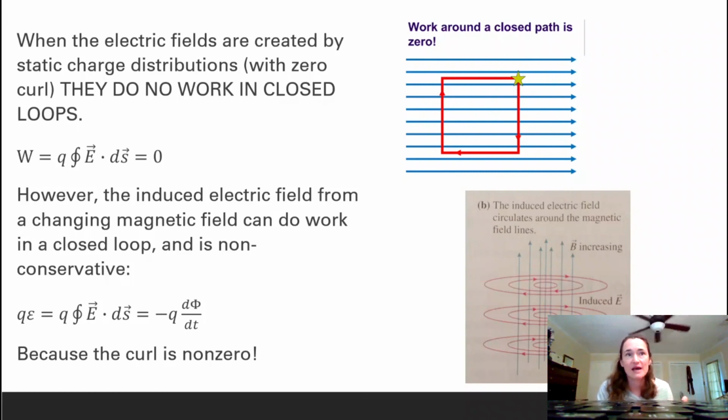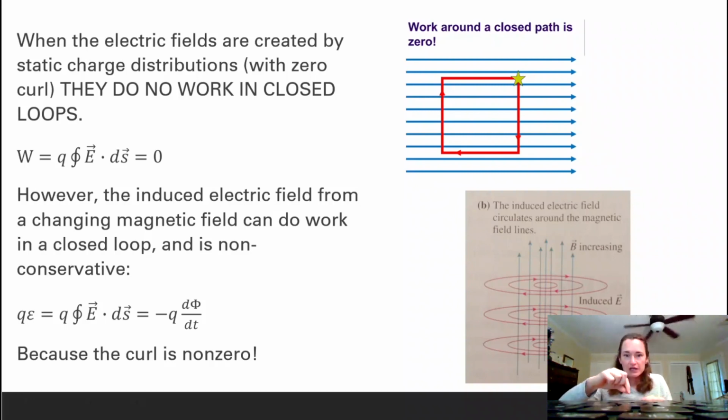But basically what's happening here is the work is non-zero because the curl is non-zero. In other words, if that electric field can come back and circle in on itself, let's picture what would happen, for example, to a free charge floating around on the inside of our little solenoid. If you had some positive free charge floating around on the inside of our solenoid and you started this magnetic field up, what would it do?